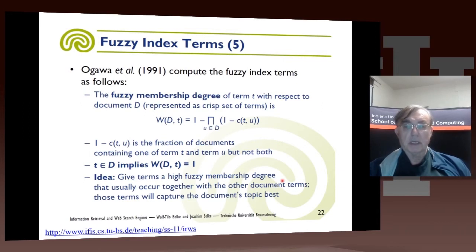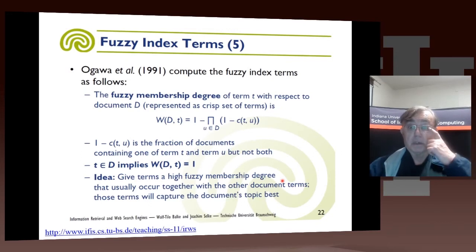And so this allows you to give a highest value of W if a document has terms U which are correlated with T. Remember, that's why we thought of C as a correlation coefficient. If we have lots of U's which are correlated, then those numbers here will be near 0.